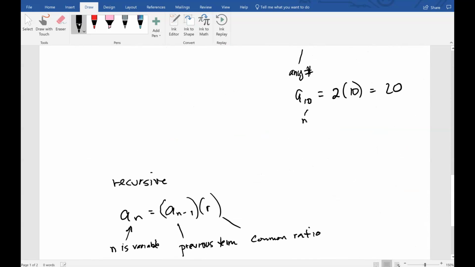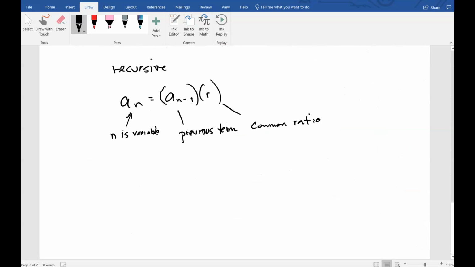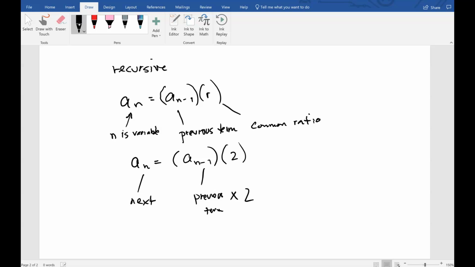So if we were using that example, the recursive formula is just a sub n minus 1 times 2. That's all you can do with the recursive formula. It's not really useful in determining what the next term is. It just says that the next term is equal to the previous term times 2. That's all it says.